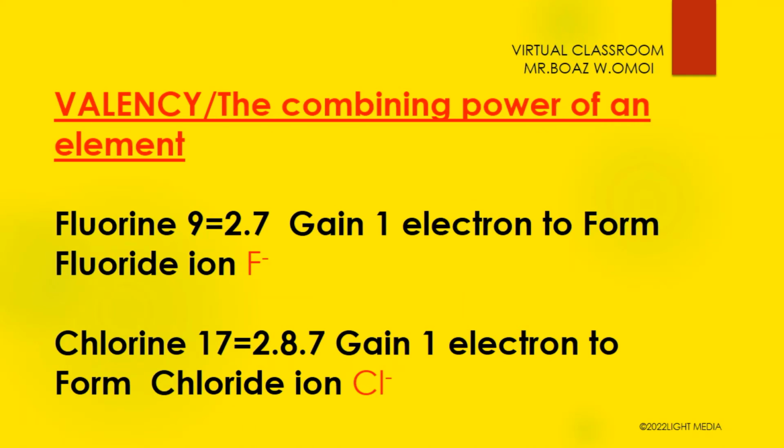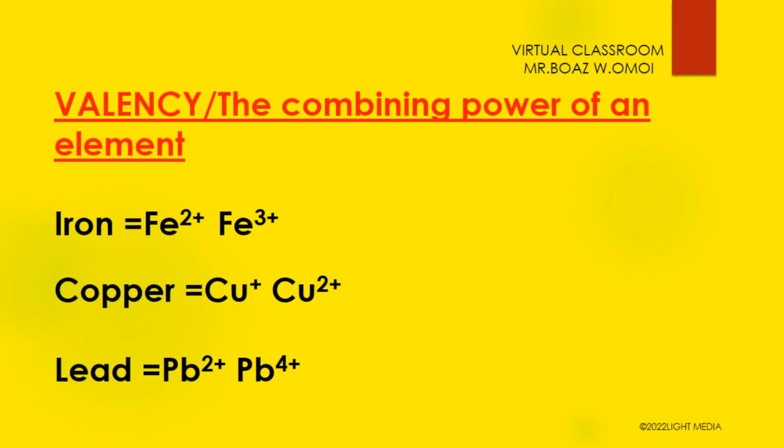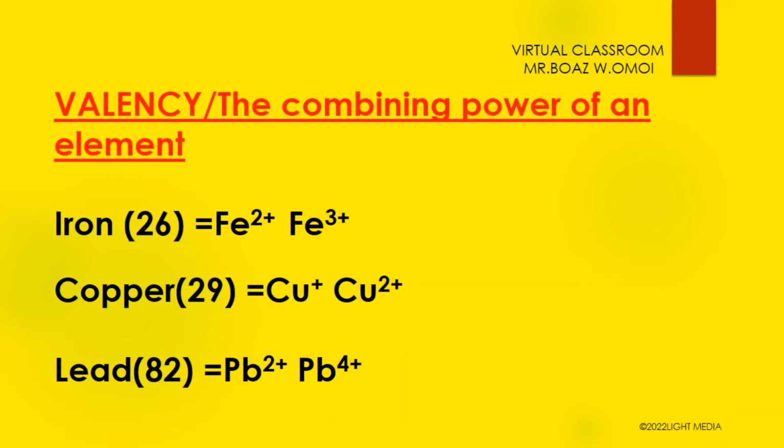Now, I want us to talk about some elements which have variable valencies. Now, some elements like iron, which is above 20. If you look at your periodic table, ensure you get the atomic number for iron.